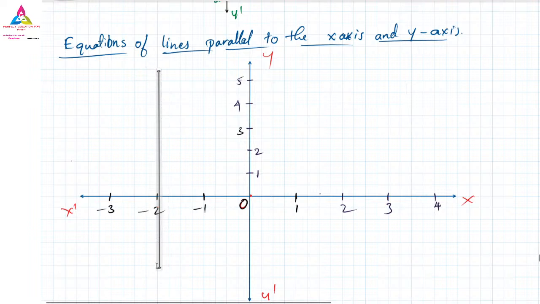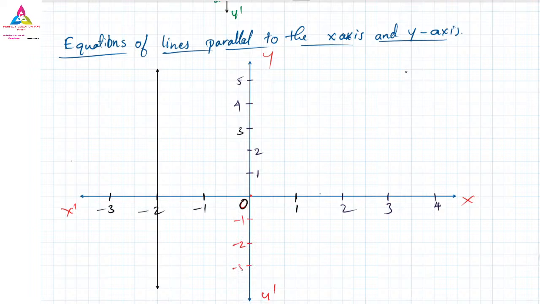You can see this line that I have taken, this is parallel to the y-axis. Here, all the points, if you see, here I can take -1, this one I can take -2, and this one I can take -3, and all these points, if you take all the points, here you can see the x value remains the same, that is -2 itself.